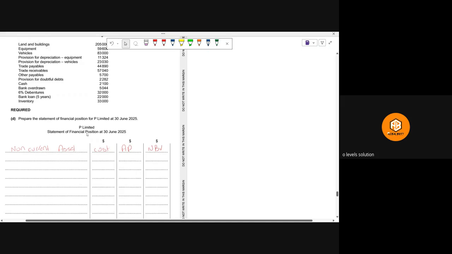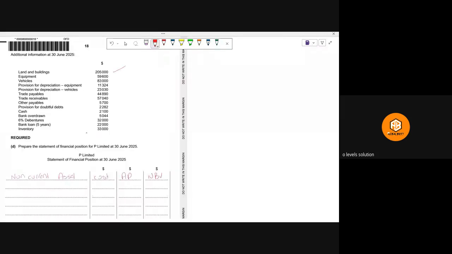Okay. So land and building, first of all, equipment, vehicles. There is provision for equipment and vehicles, not for the land and building. So we will write the cost only. Then we have the current assets. In the current assets, we have trade receivables minus the provision for doubtful debts. We have inventory and we have the cash.